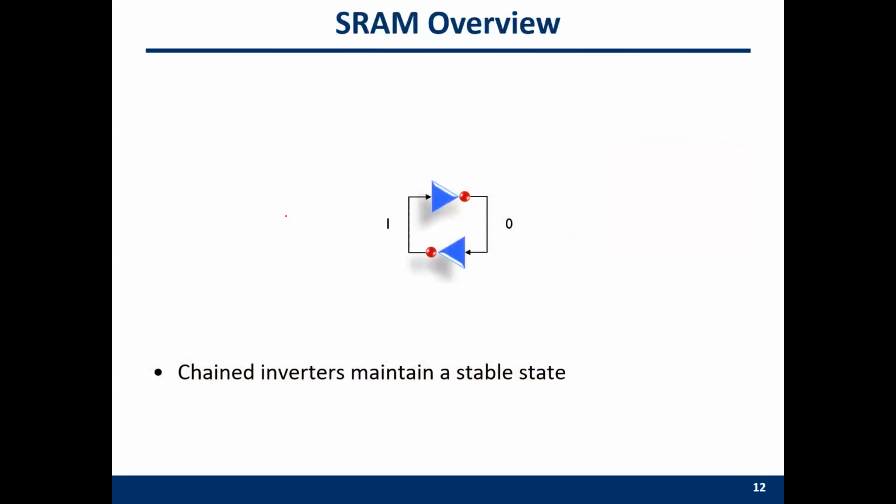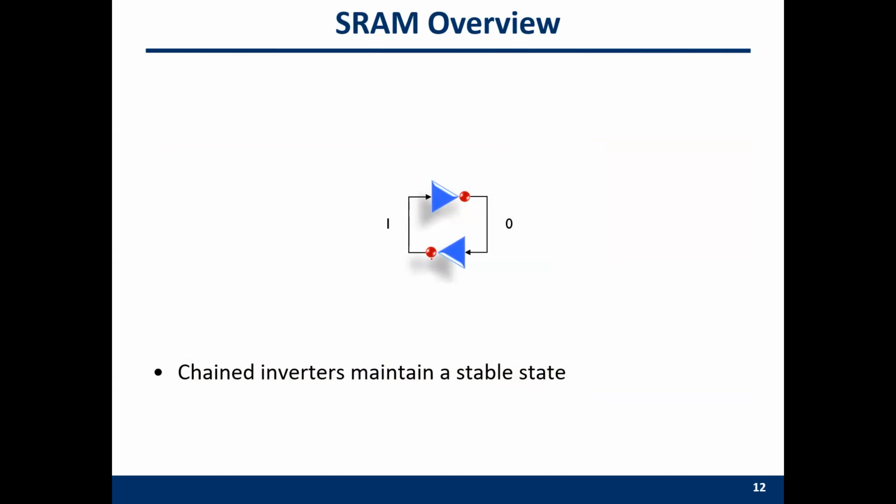So the cache is actually made up of SRAM. This is one example of SRAM. One cell of SRAM is very simple. There are two inverters. The input of one inverter is connected to the output of the other inverter, like this. In this way, it can achieve a very stable state.